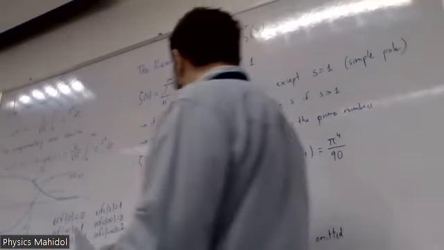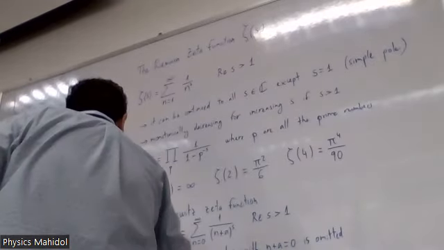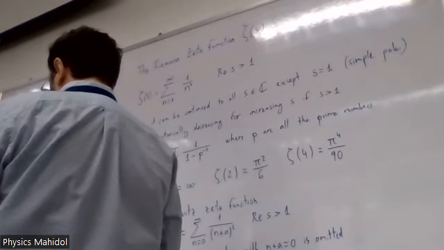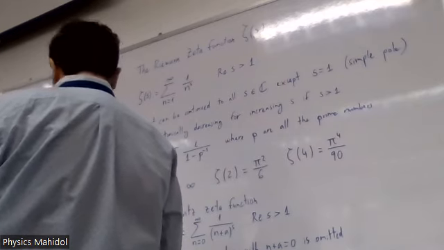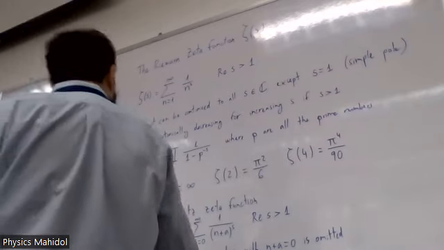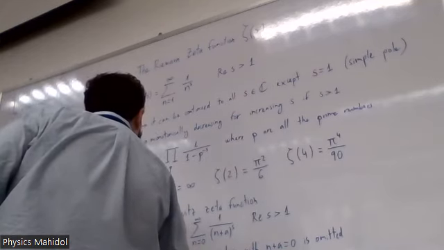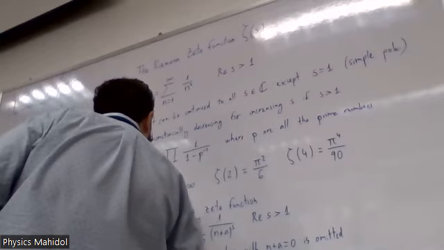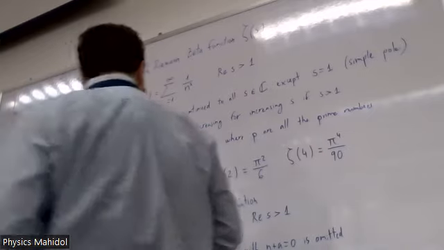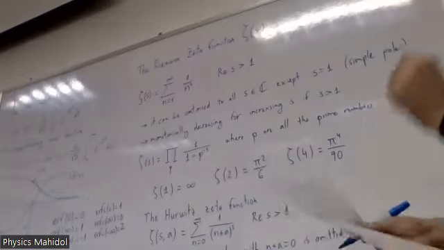Okay, so let me write it here. So the Riemann zeta function is the Hurwitz zeta function at 0.